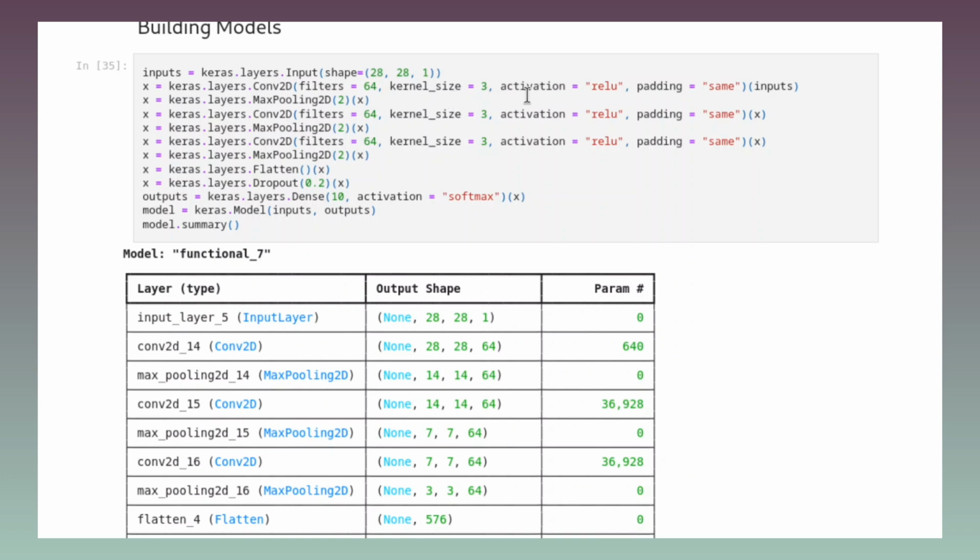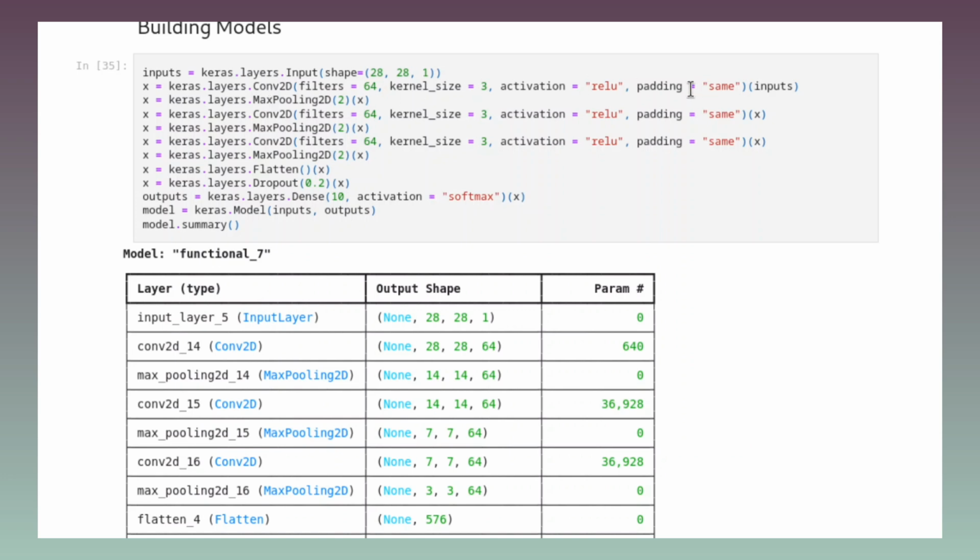Then I have used the ReLU activation, which is something you should go for. It works well. And then padding same, because you do not want the max pooling layer to reduce your feature maps to a very small value. You want to keep up feature maps down the layers.